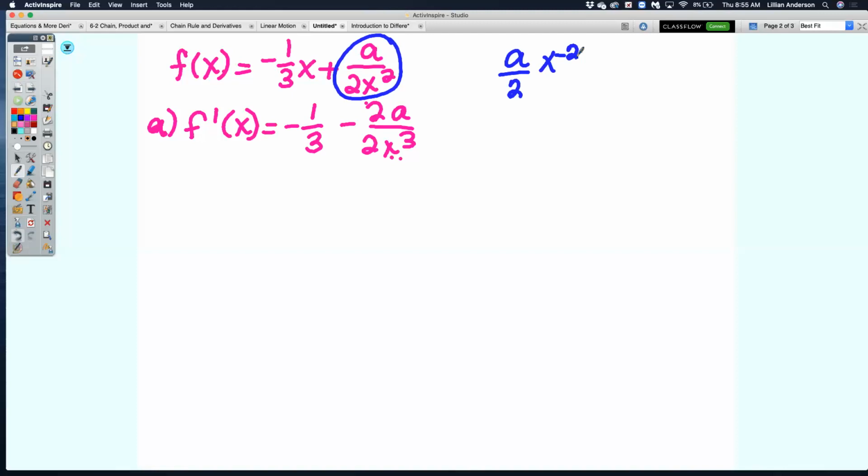So when we apply the power rule, we bring the negative 2 in front, and then we subtract 1 from our exponent, and that's still over 2. To make the exponent positive, we bring it back down to the denominator, and that's how we get 2a over 2x to the 3rd power. Are there any questions on that?